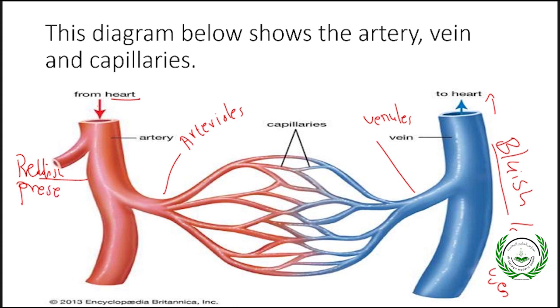There is no presence of oxygen here, but in the reddish one there is a high presence of oxygen. So this is the difference between arteries, capillaries, and veins. This network of blood vessels is called capillaries.